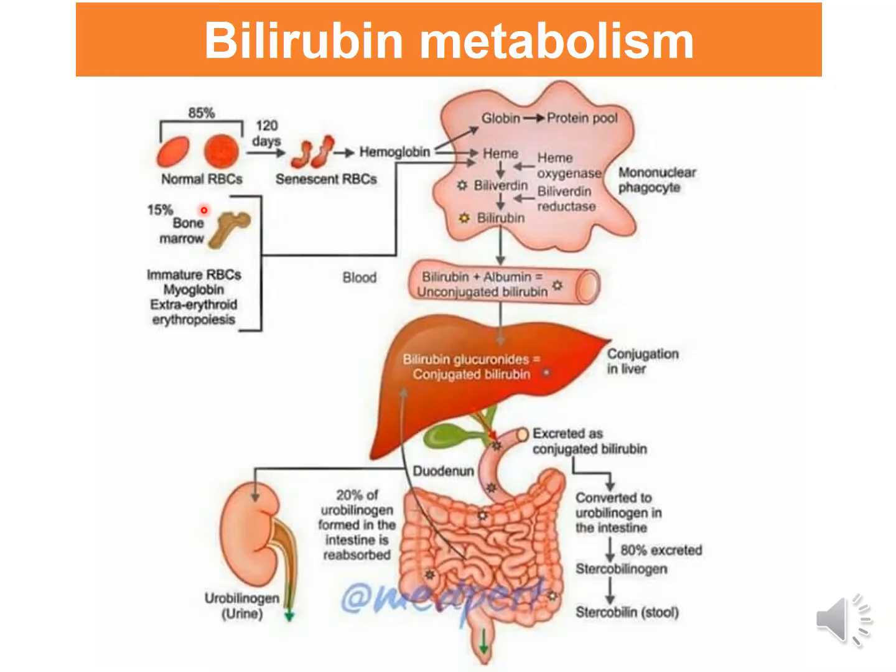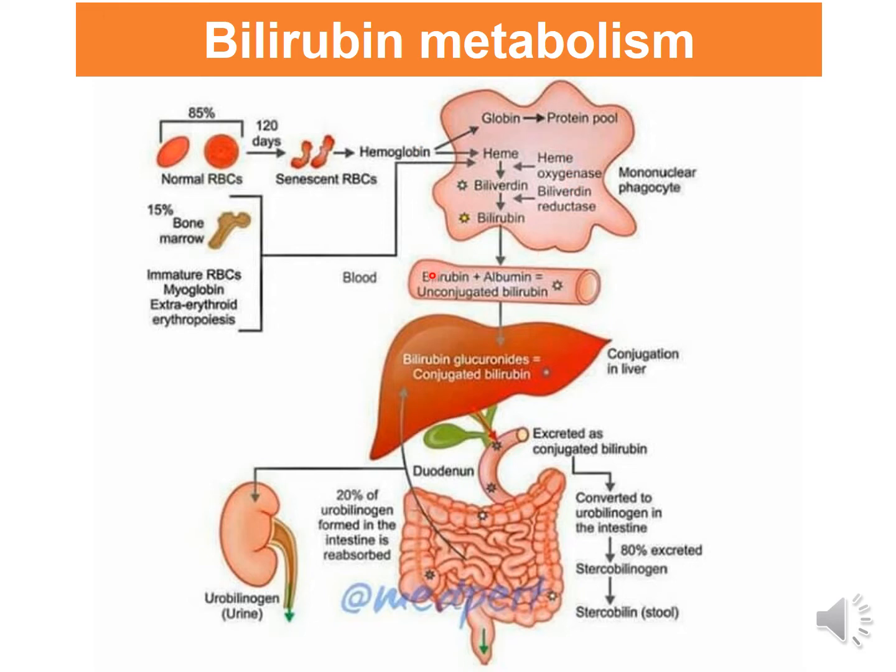So, hemoglobin from RBCs, which live 120 days, forms senescent RBCs that release hemoglobin. Globin goes to the protein pool, heme is degraded first to biliverdin by heme oxygenase, then to bilirubin by biliverdin reductase in mononuclear phagocytes.